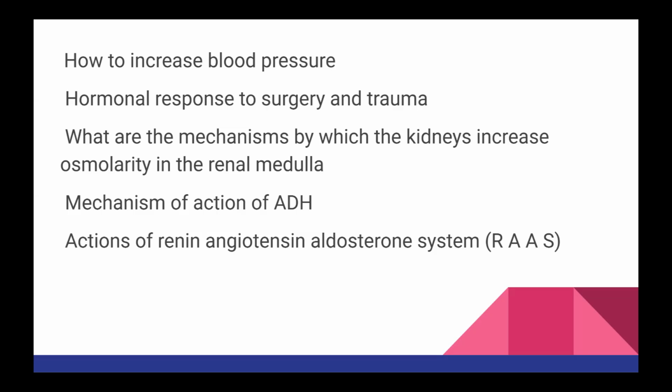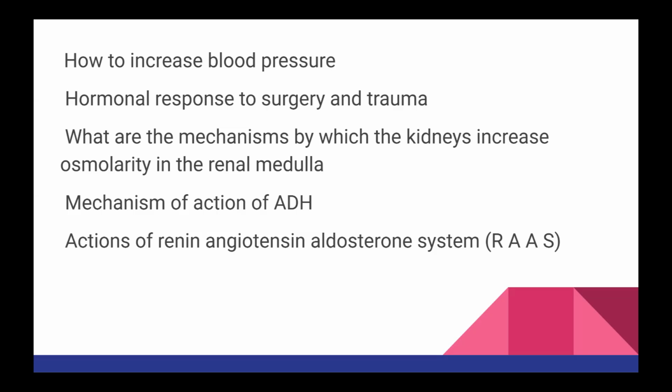Okay, so what are the mechanisms by which kidneys increase the osmolarity in the renal medulla? In the loop of Henle, from the descending limb, water is reabsorbed from the tubules into the renal medulla.